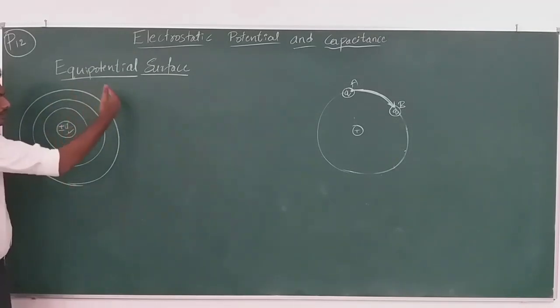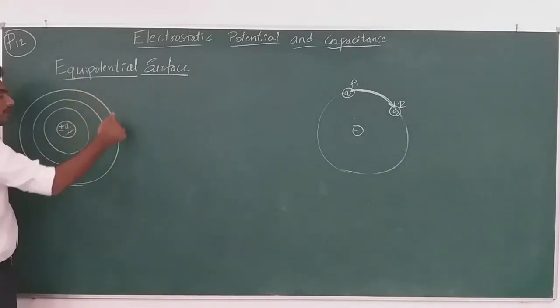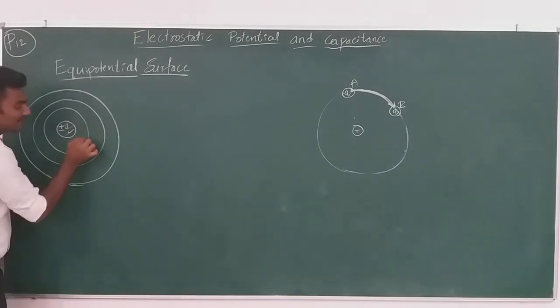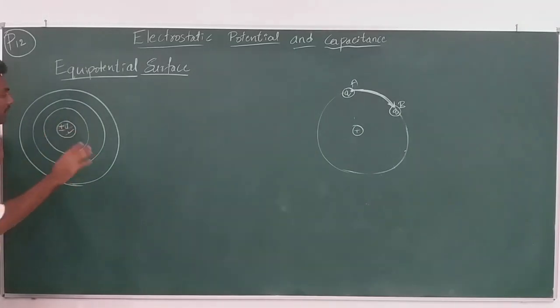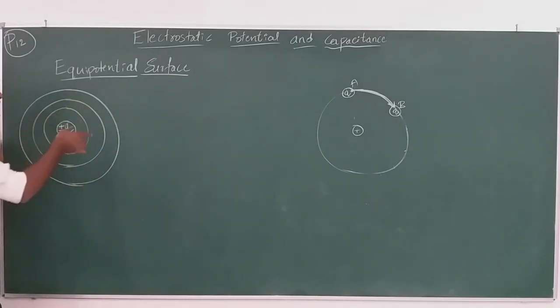The last surface will also have all the points at equal potential. The potential difference exists between this sphere and this sphere, but potential difference doesn't exist for two points on the same sphere, because that sphere is an equipotential surface. So that is why it makes concentric spheres for a point charge.